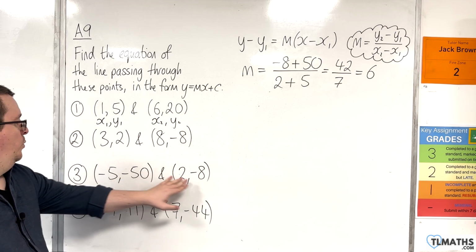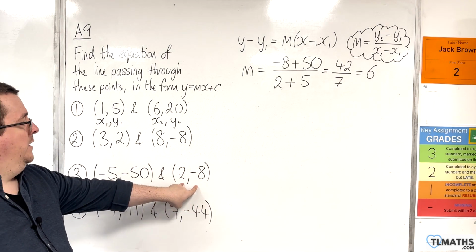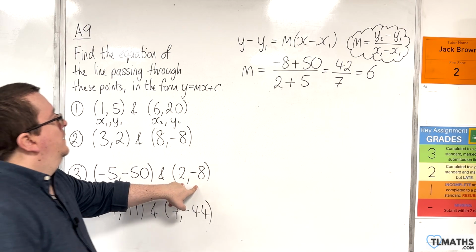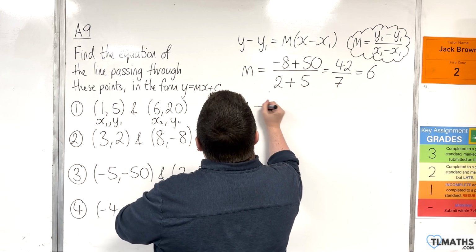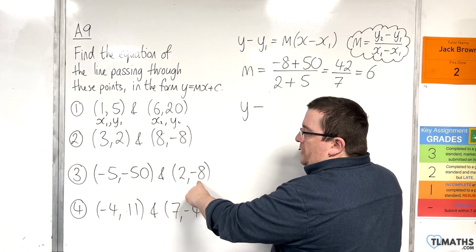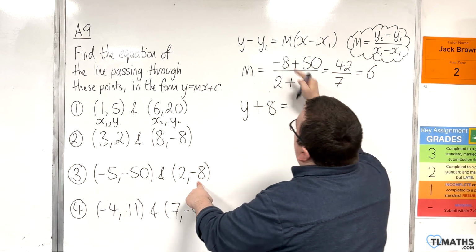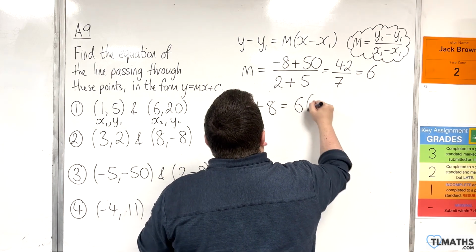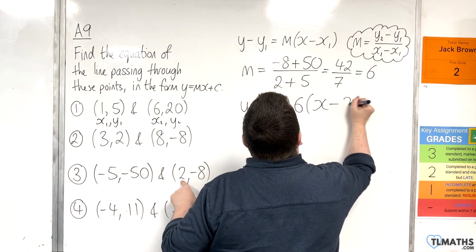Now, which pair of coordinates is probably easier to substitute in? I'm thinking this one. So 2, minus 8. So y minus y1, so take away minus 8 is plus 8, equals m, which is 6, times x take away x1, so take away 2.